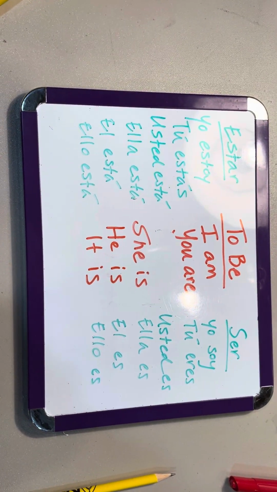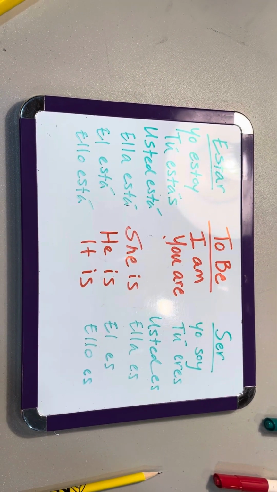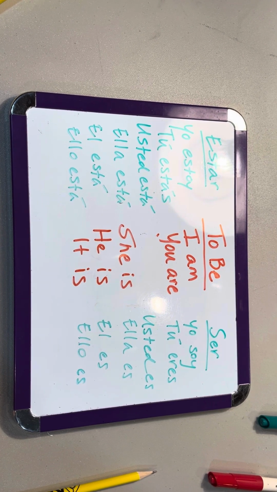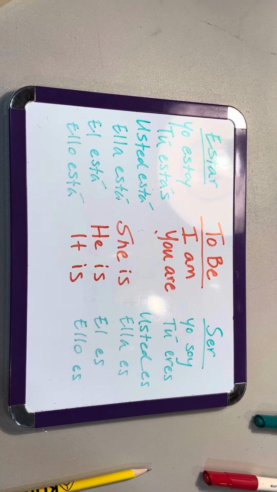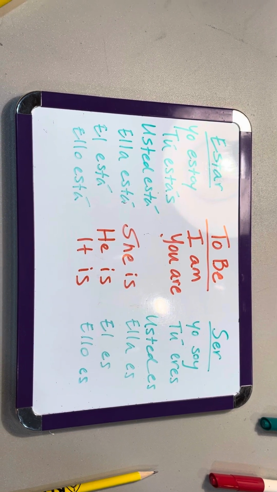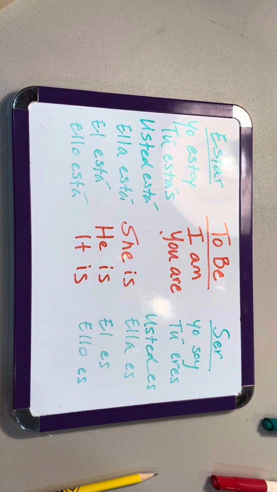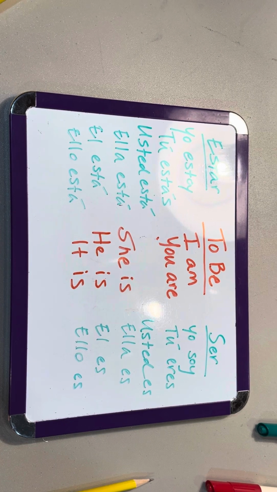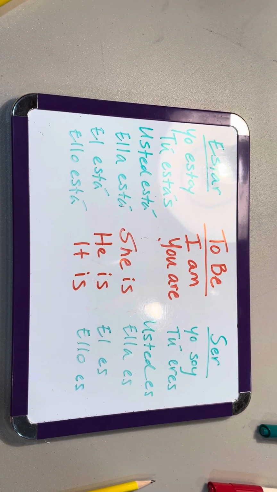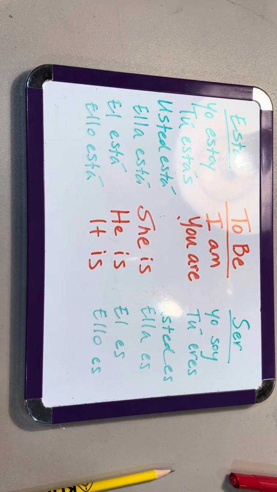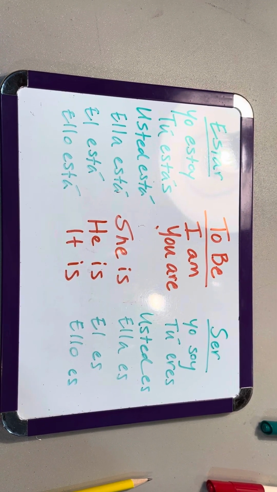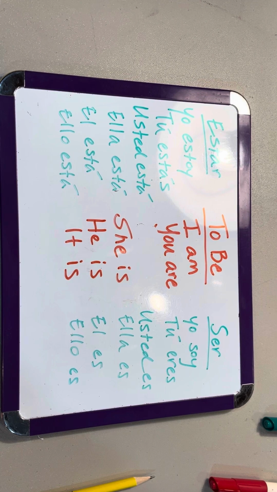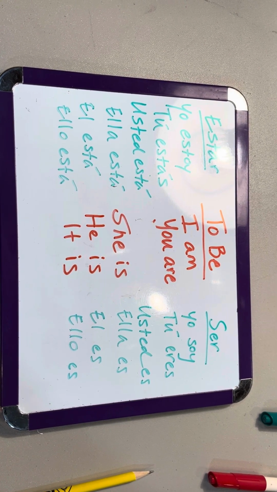If you recall, estar is temporary, ser is permanent. So for those of us learning Spanish, it's a little bit more involved. We have yo estoy as the breakdown for I am temporary. Yo soy is the breakdown for I am permanent.